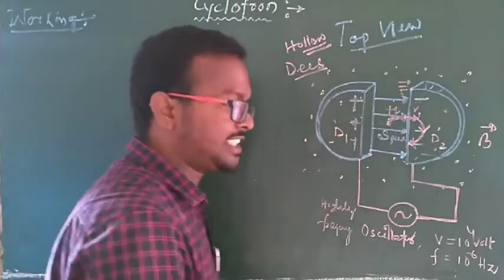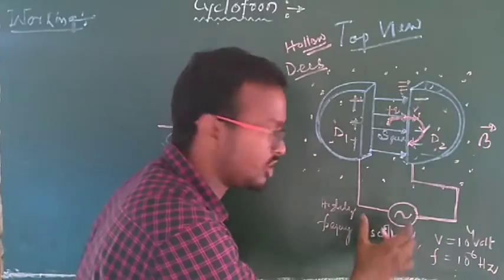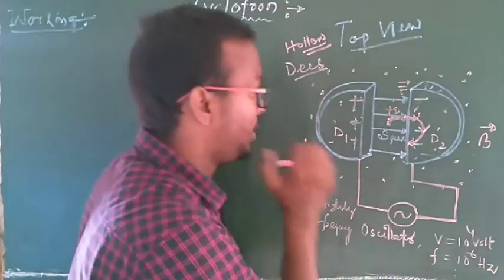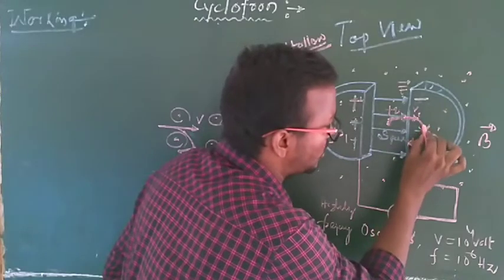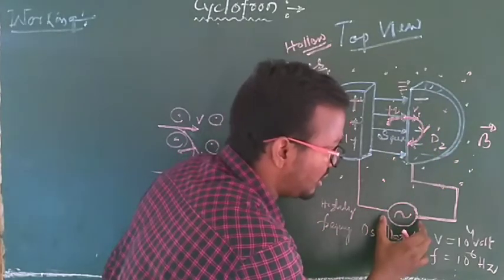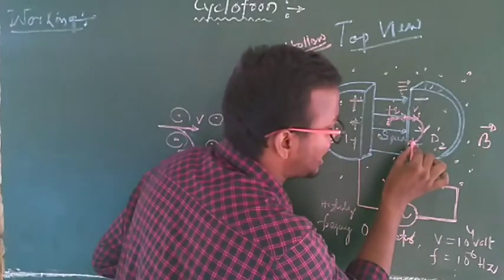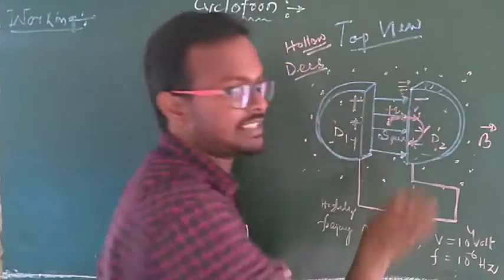Now we have to set the high frequency oscillator in such a way that when the charged particle comes out from this D2, the oscillator changes its polarity along with the direction of the charged particle.